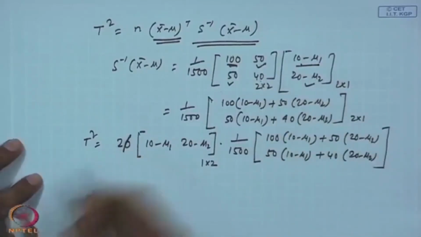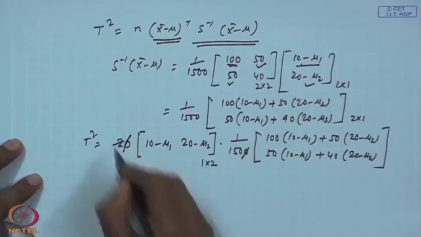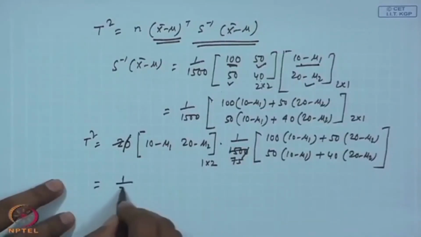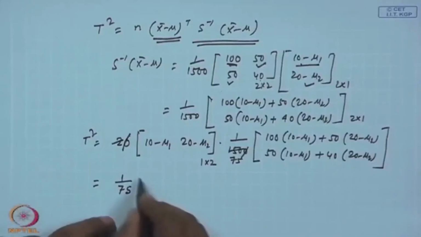Okay. So, cut this one to 150, that is 75. So, if I write like this, this is 1 by 75.